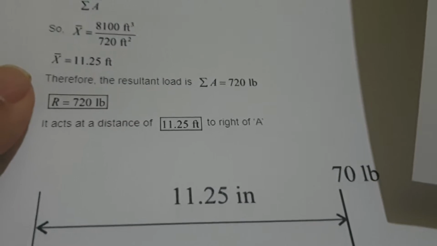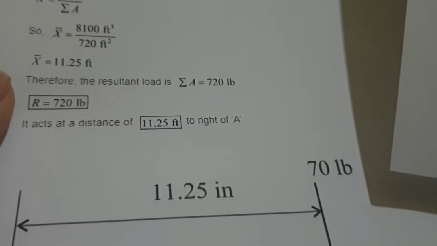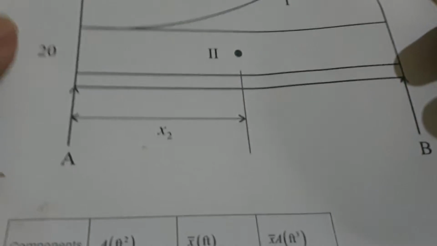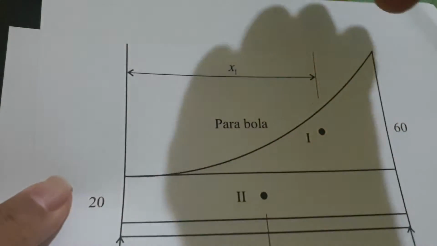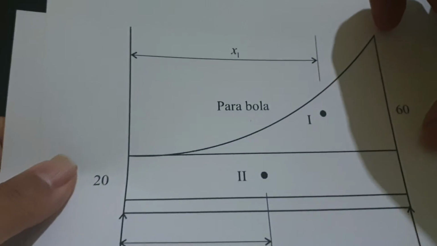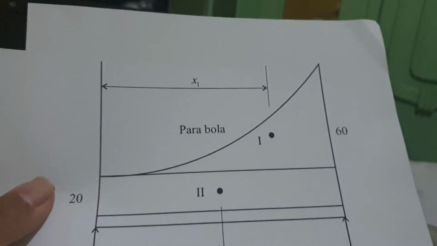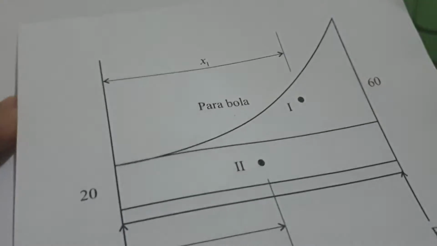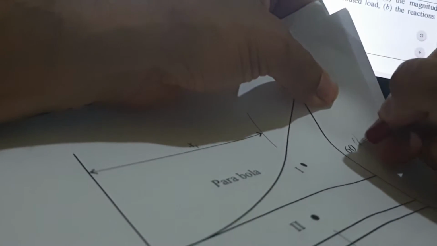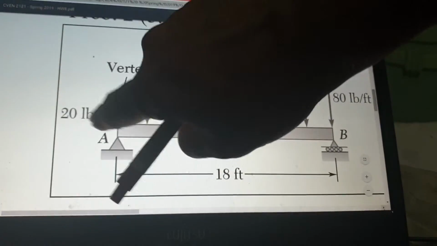Okay, 720 pounds going down. Because the area, if you multiply 1/3 times 18 times pounds per feet, it will give you pounds. And that is pounds down. Remember we have this loading in pounds per feet. If you look at this, this is pounds per feet.